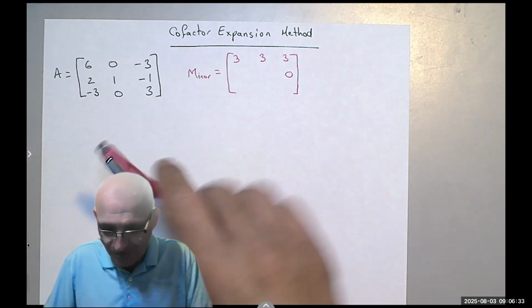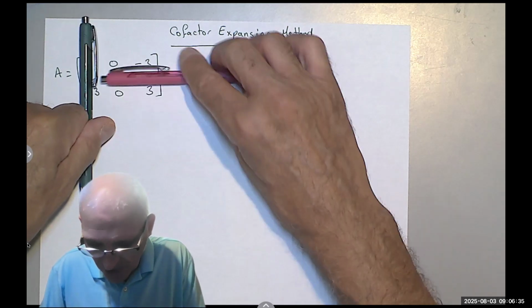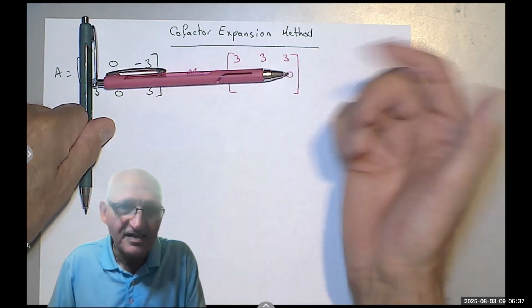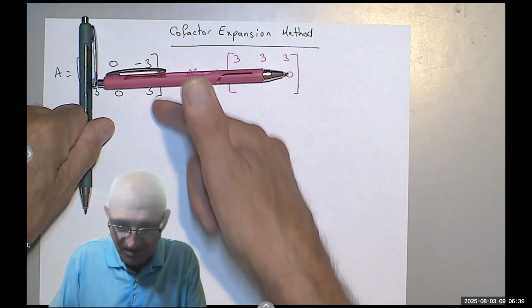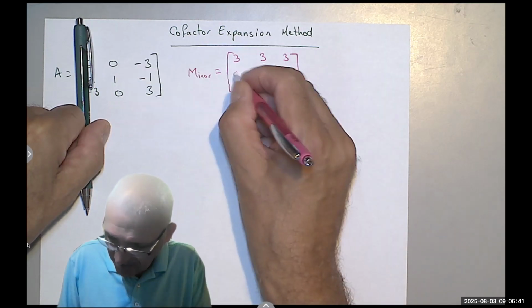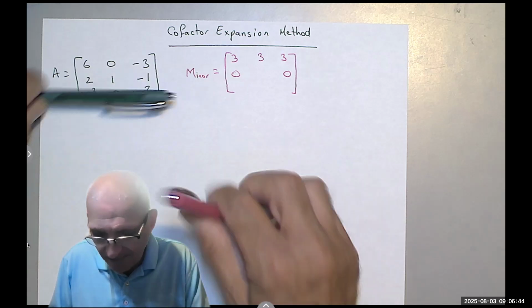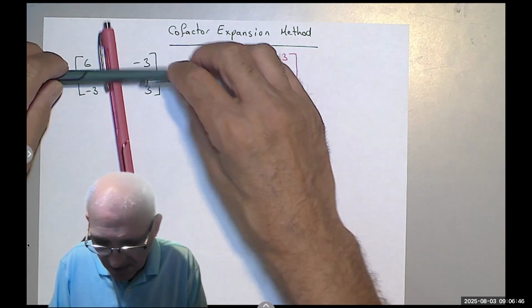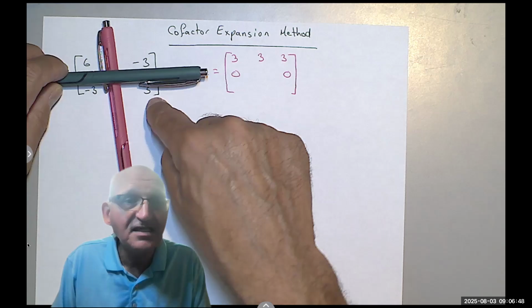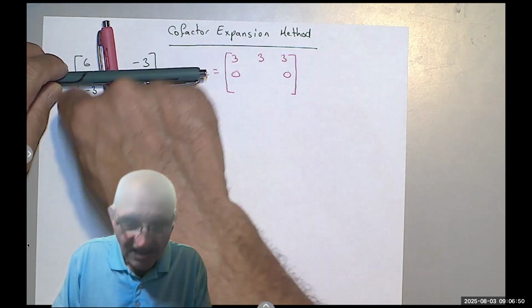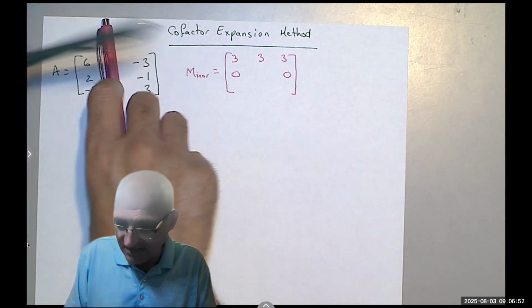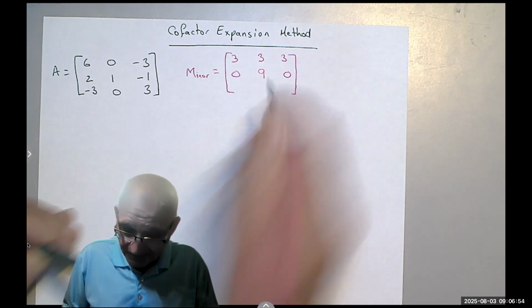Let's do the 2. Hide the column and the row. Of course, if you have zeros, then it's 0, because you're going to say 0 times 3 minus 0. So 0. Let's do the minor of the 1. You get 6 times 3, 18, minus -3 times -3 is +9, so 18 minus 9 is 9.